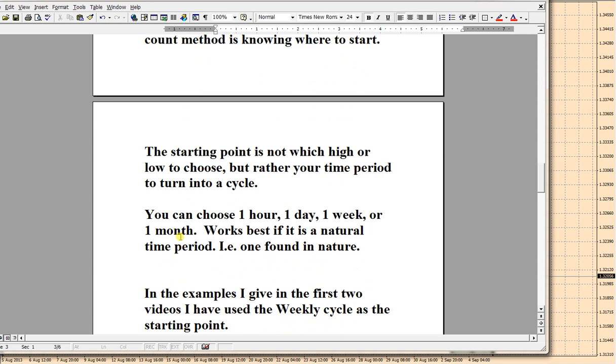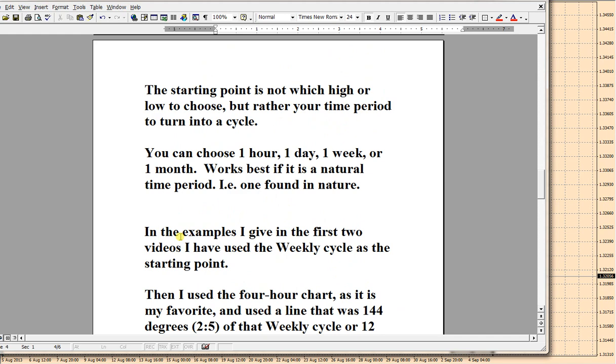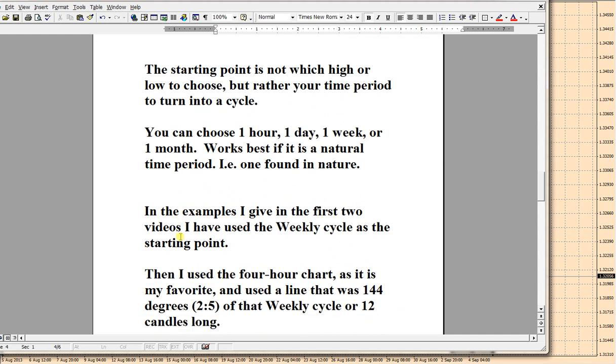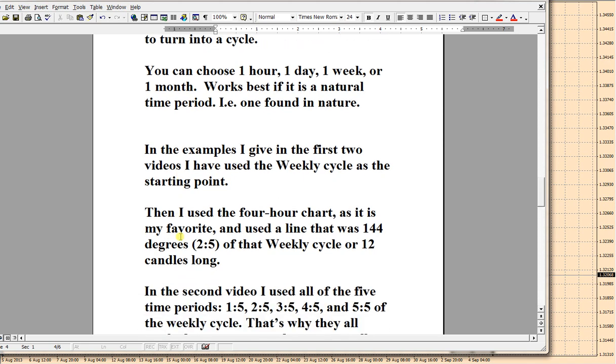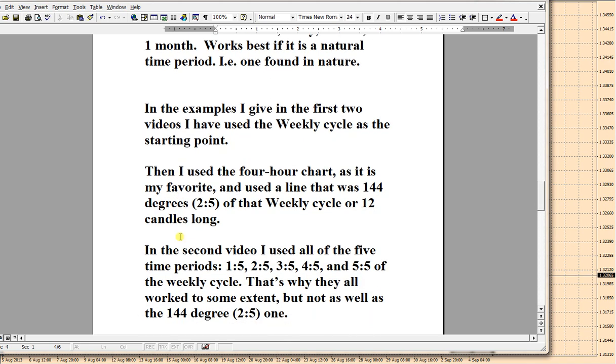In the examples I give in the first two videos, I have used the weekly cycle as the starting point. Then I used the 4-hour chart, as it is my favorite, and used a line that was 144 degrees, or 2/5 of that weekly cycle, or 12 candles long. In the second video I used all of the 5 time periods, 1/5, 2/5, 3/5, 4/5, and 5/5 of the weekly cycle.